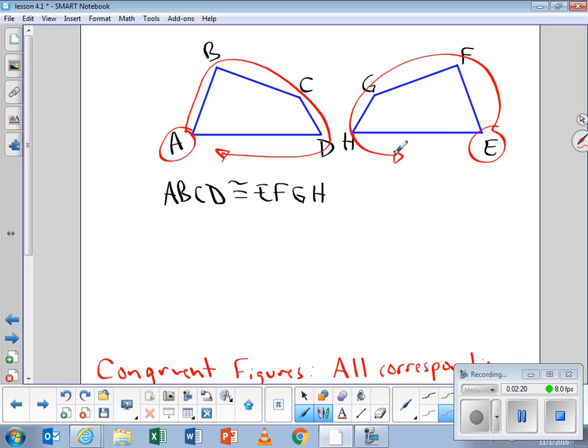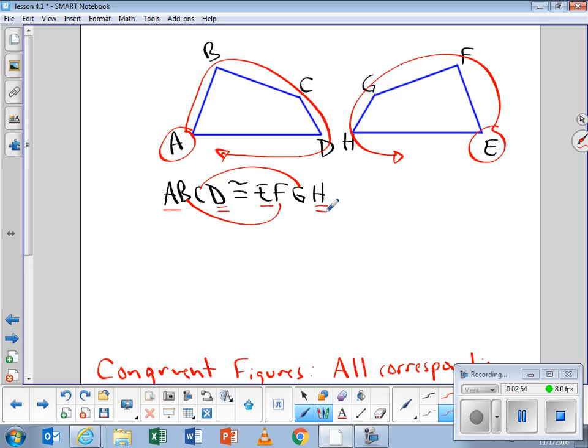The point I'm trying to make is when they name a figure like this and they say they're congruent, they're telling you that this is the way they match up. So the angle that's corresponding with angle A is angle E. The angle that corresponds with B is F. The angle that corresponds with C is G, and the angle that corresponds with D is H. Okay? So those are corresponding angles in this case.